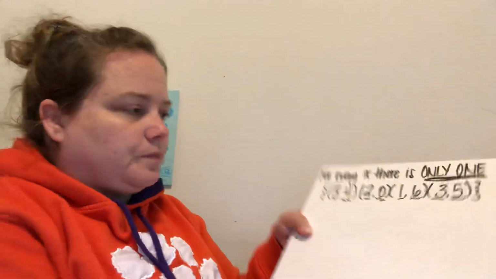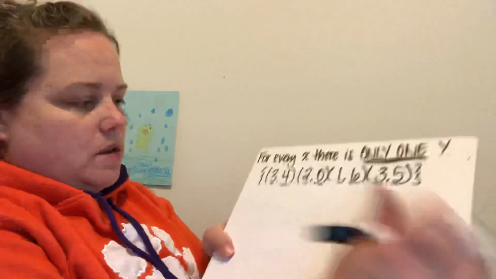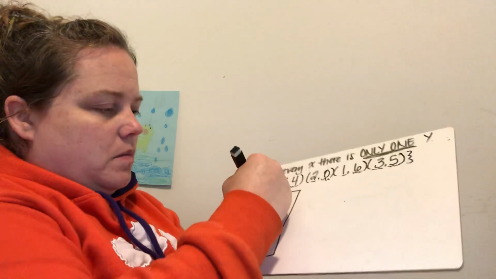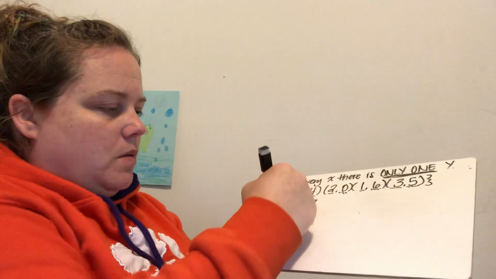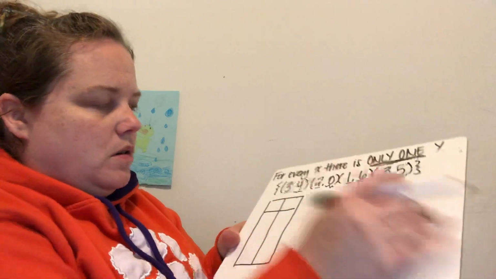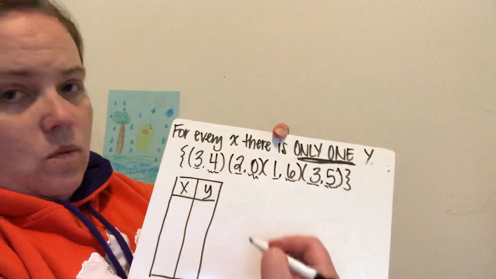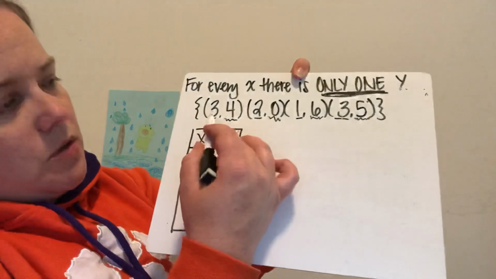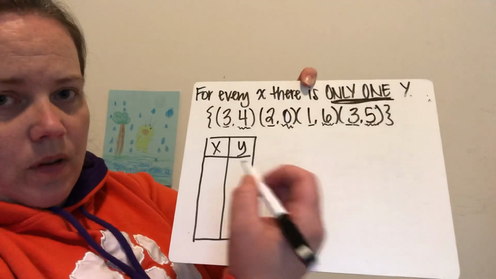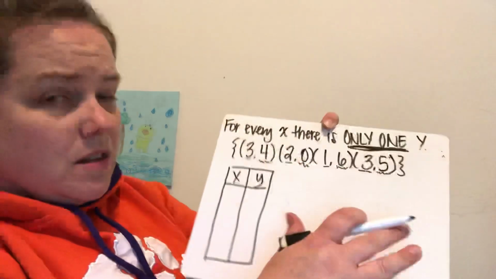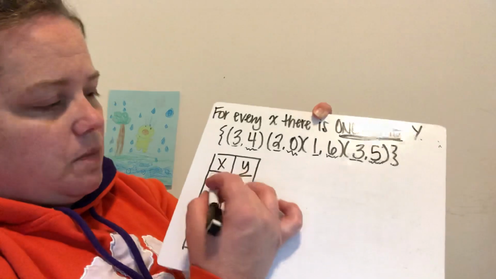So here are my data points, or my ordered pairs rather. Here is my first table. So I'm going to have X and Y, okay? And then I'm just going to go through and do just like I did before with my domain. I don't need to put these in order for this particularly.